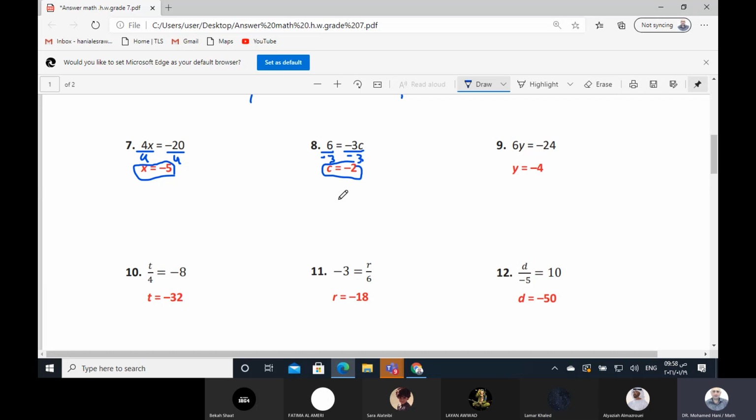I don't understand your question. Can you explain more? She said why you divide it by minus 3, not by 3. Because the coefficient is minus 3. So we divide by the same coefficient. Okay, thank you.